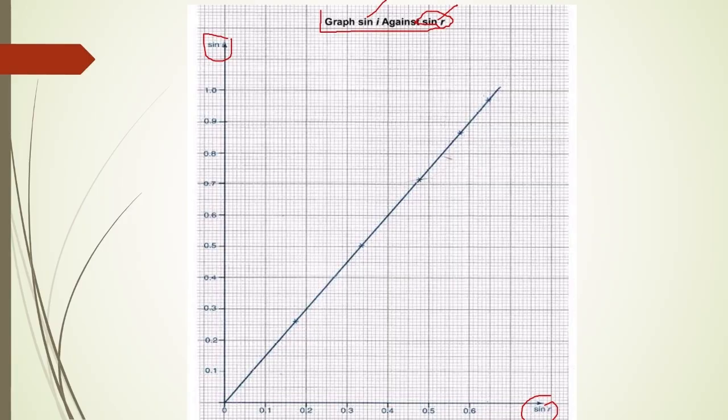When you plot the graph, you will have a straight line graph passing through the origin.